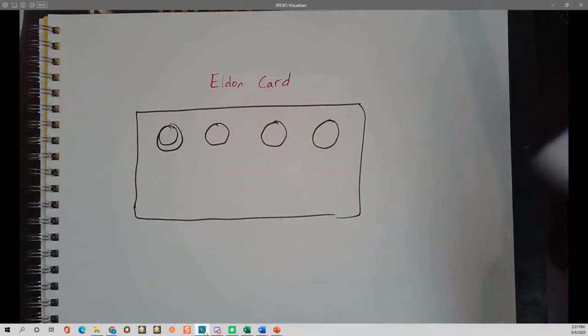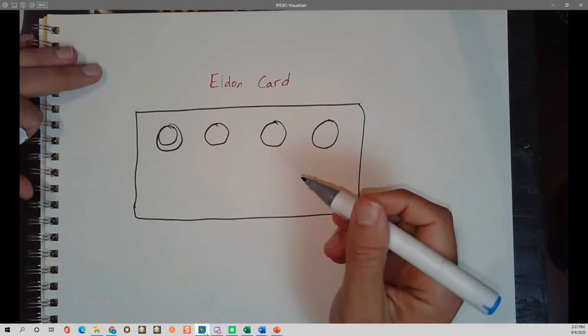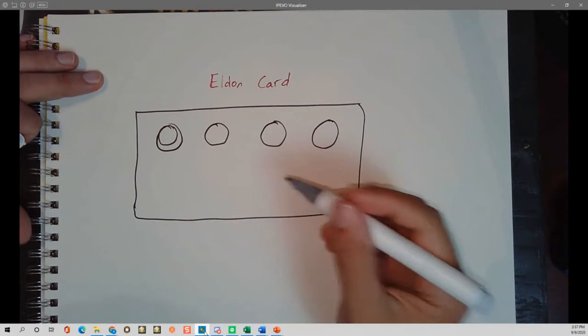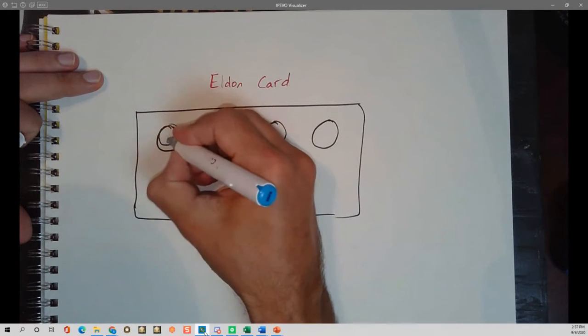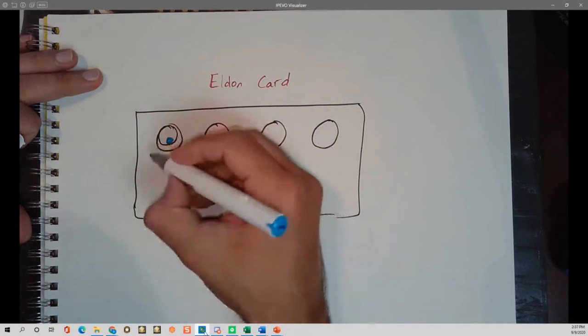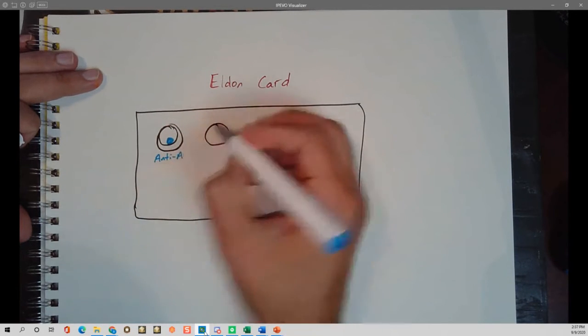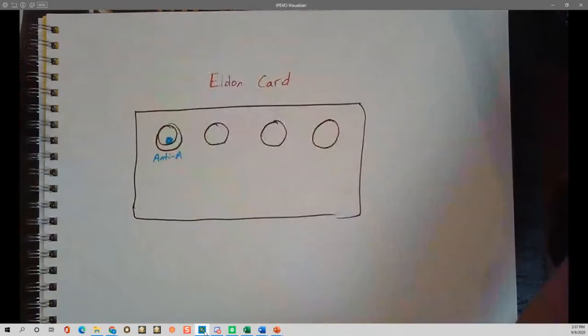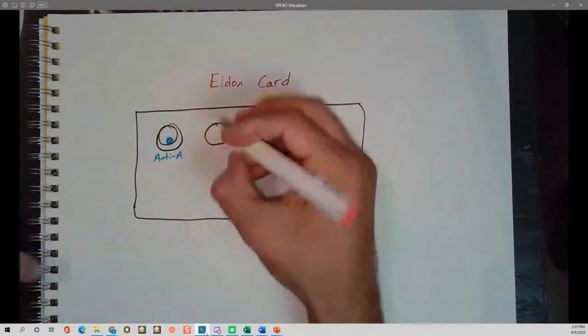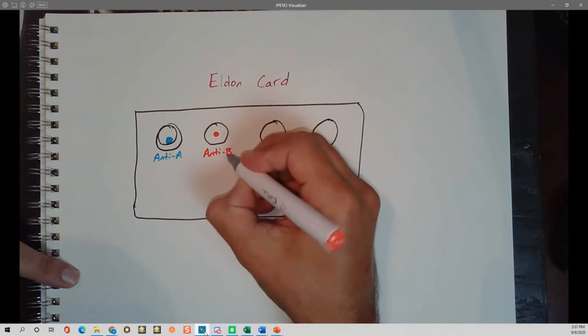And in each one of these circles, Eldon has placed synthetic antibodies. Okay, inside of this circle, there'd be a little circle of anti-A. Inside of the next circle, there'll be a little circle of anti-B.